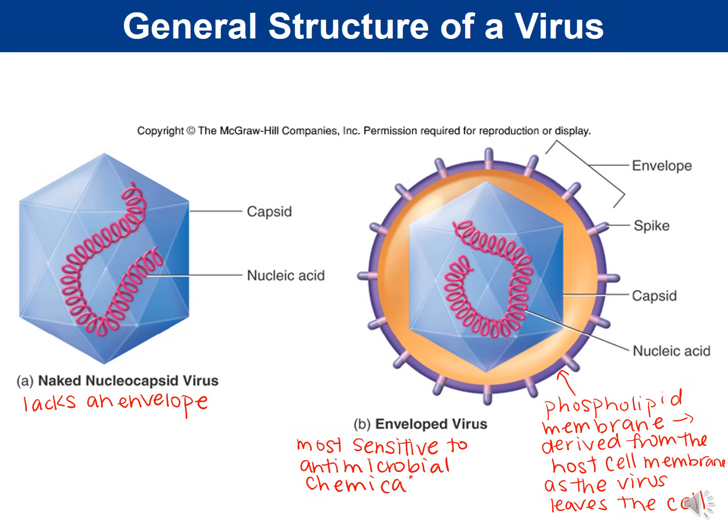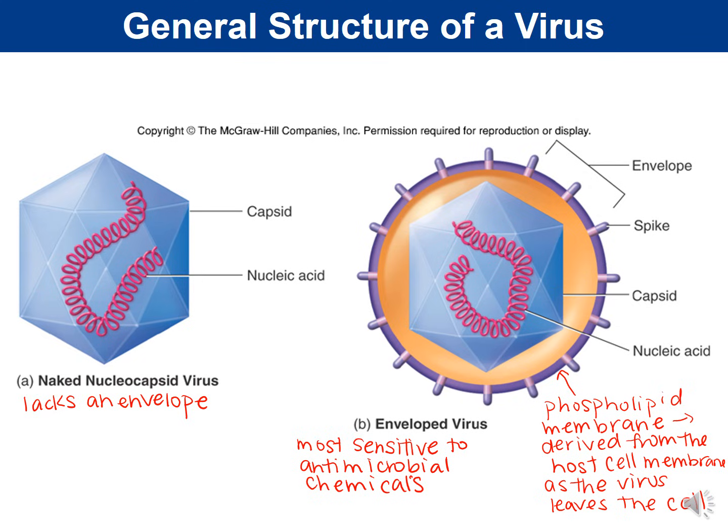And that's because of this phospholipid membrane. A lot of antimicrobial chemicals are lipid soluble, meaning that they have the ability to dissolve that membrane. And when they dissolve the envelope, the virus particle no longer functions. That's because in the envelope there are these spikes, which are necessary for the virus to attach to a host cell and to get in and replicate within the cell.